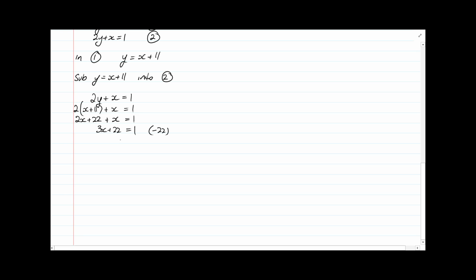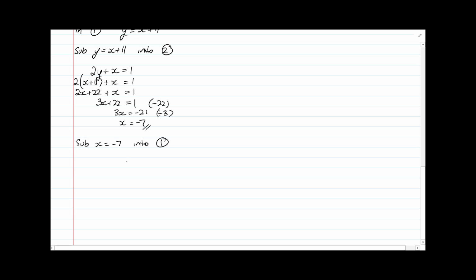Subtract 22 from both sides: 3x equals negative 21. Divide by 3, and x is equal to negative 7. There's my x solution. Then I substitute x equals negative 7 into the rearranged equation number 1, and that gives me y is equal to negative 7 plus 11, which is equal to 4. There's my solution: x equals negative 7, y equals 4.